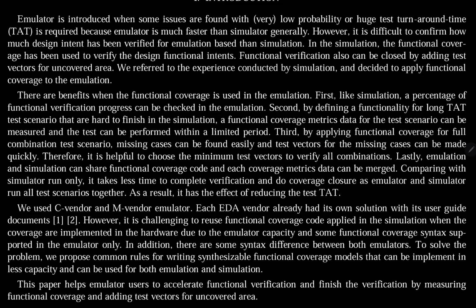Third, by applying functional coverage for a full combination test scenario, the missing cases can be found easily, and the test vectors for the missing cases can be made quickly. Therefore, it's helpful to choose the minimum test vectors to verify the combinations.